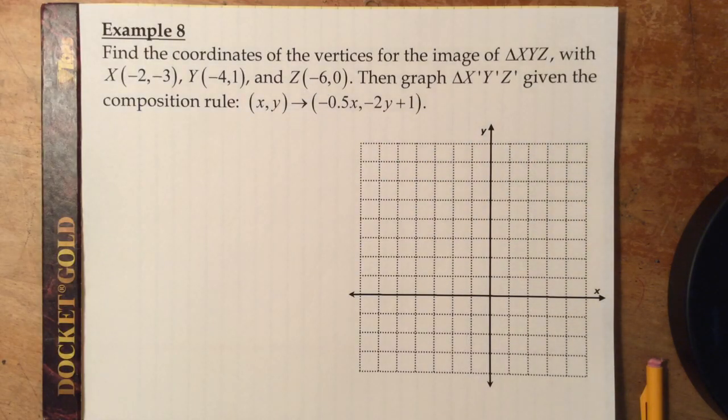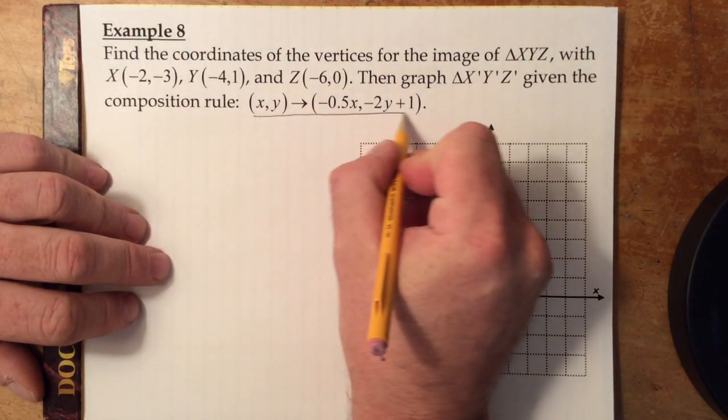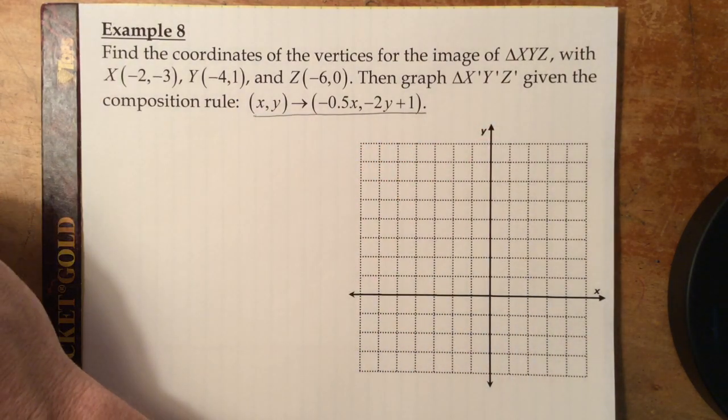And finally, example 8. Find the coordinates of the vertices for the image of triangle XYZ with X at (-2, -3), Y at (-4, 1), and Z at (-6, 0). Then graph triangle X prime, Y prime, Z prime, given the composition rule (x, y) such that (-0.5x, -2y + 1).